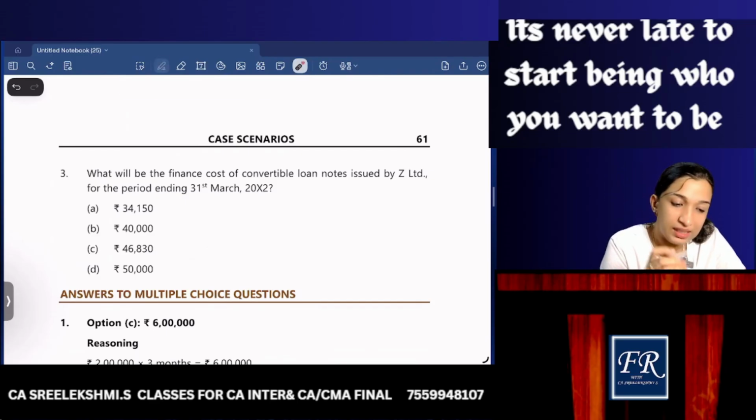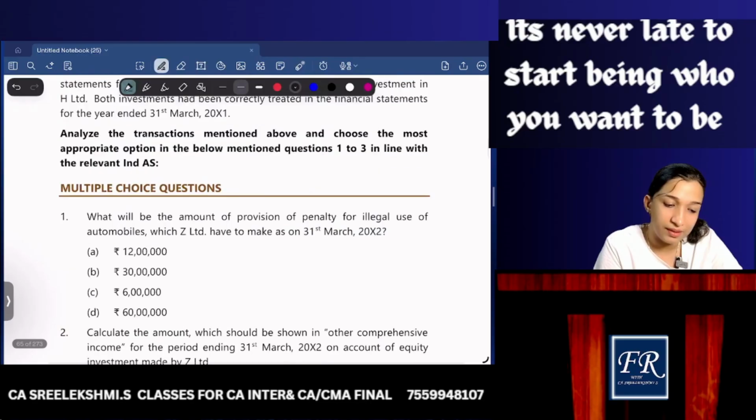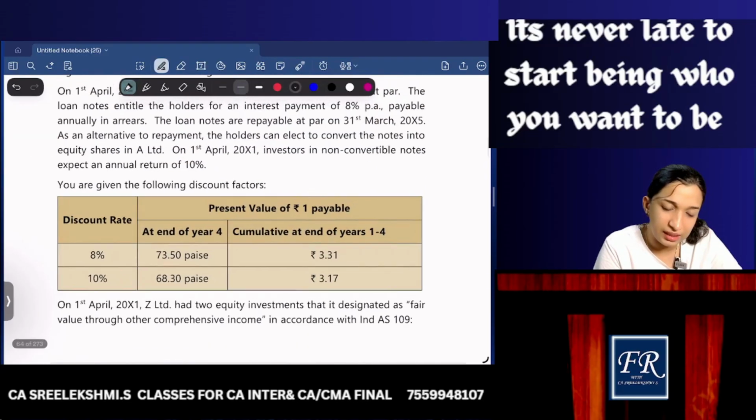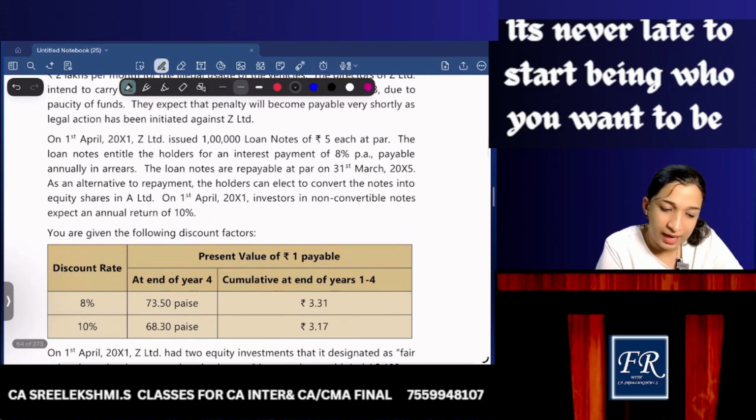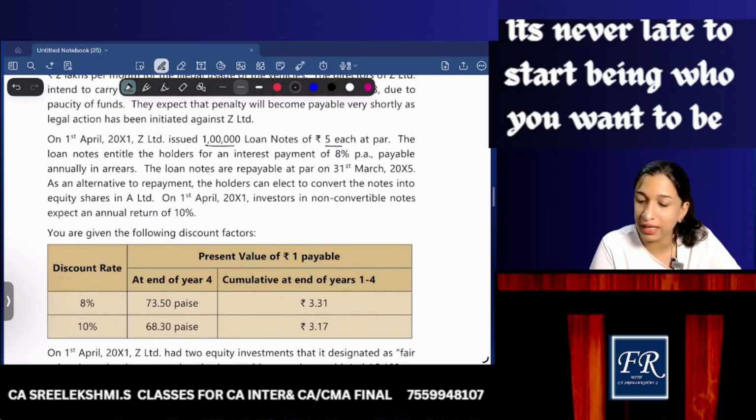Initially the loan will be recorded at fair value. So 1 lakh into 5 rupees, 5 lakhs, into 8%, 40,000 into 4 years, 3.17 discounted at market rate.